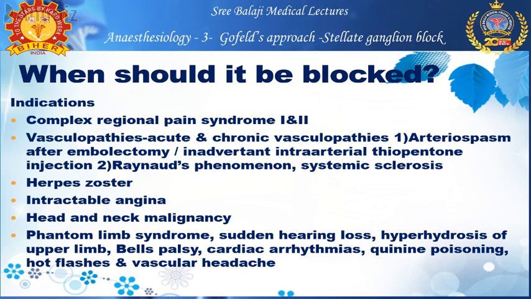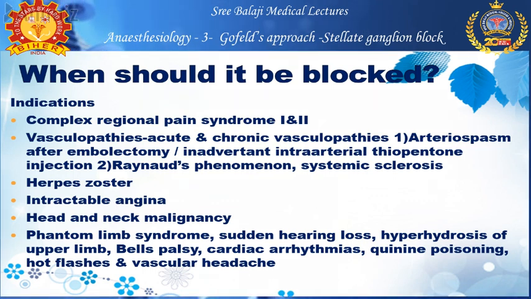The first indication is complex regional pain syndrome 1 and 2 of the upper limb, and vasculopathies, both acute and chronic. Acute conditions that can cause vasospasm include arteriospasm occurring immediately after embolectomy, or inadvertent intra-arterial thiopentone injection, as well as chronic conditions like Raynaud's phenomenon and systemic sclerosis.